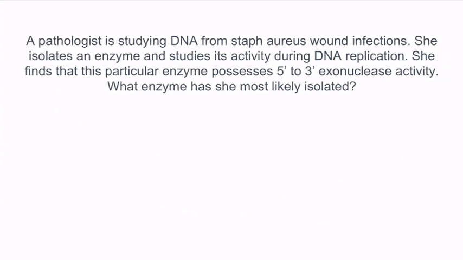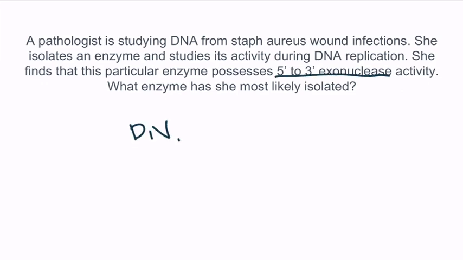A pathologist is studying DNA from Staph aureus wound infections. She isolates an enzyme and studies its activity during DNA replication. She finds that this particular enzyme possesses 5' to 3' exonuclease activity. What enzyme has she most likely isolated? Okay, the question is essentially asking what DNA polymerase has 5' to 3' exonuclease activity.